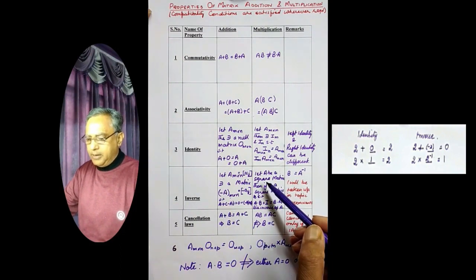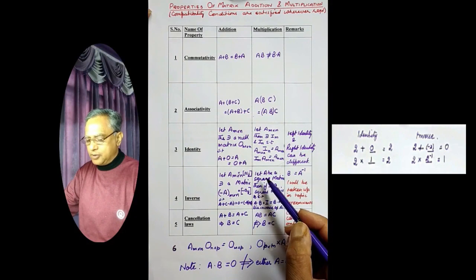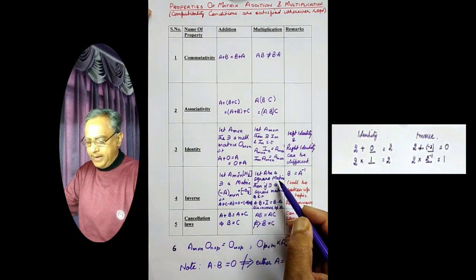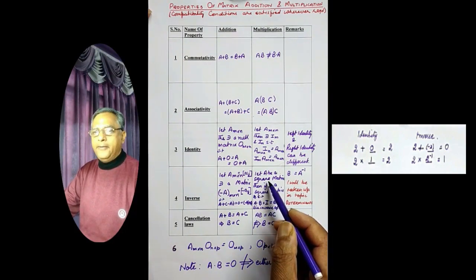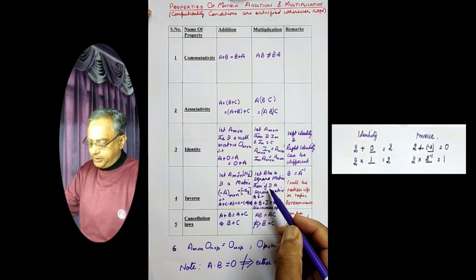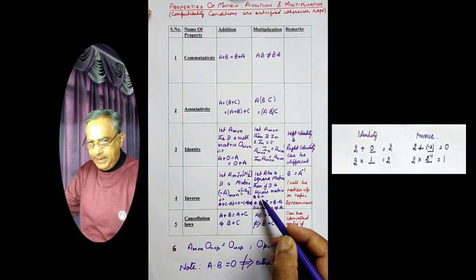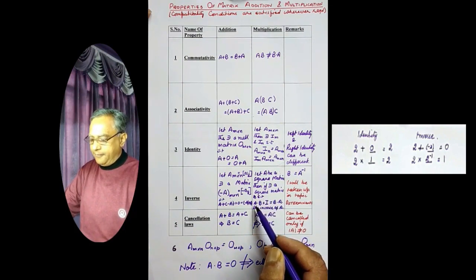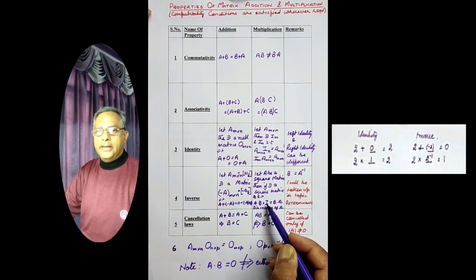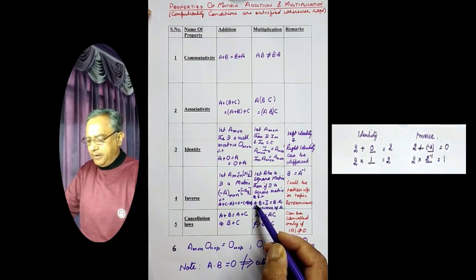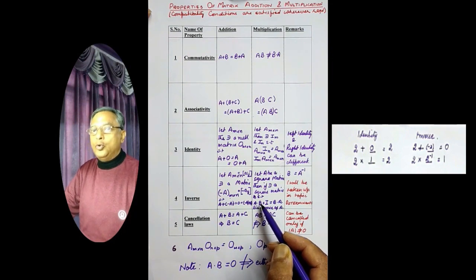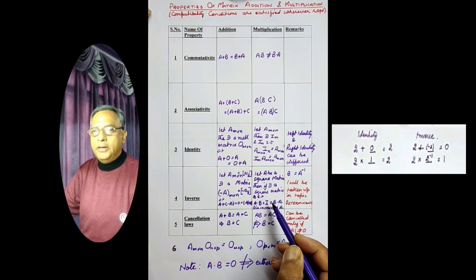Next is the multiplicative inverse of a matrix. Let A be a square matrix, since the multiplicative inverse exists only for square matrices. Then, what is the definition of inverse? A matrix which, when multiplied with A, gives us the identity. The multiplicative inverse of 2 was 2 to the power of minus 1, and 2 into 2 to the power of minus 1 is the identity 1 of numbers.